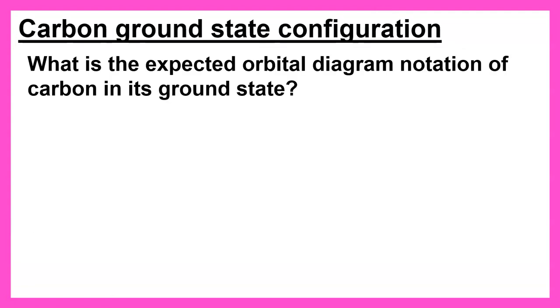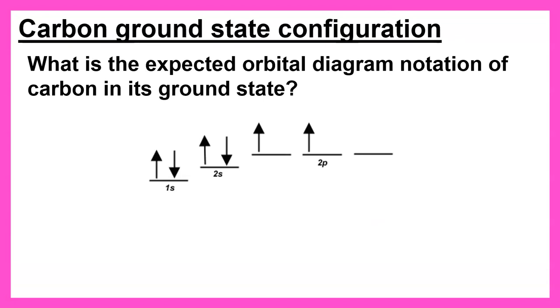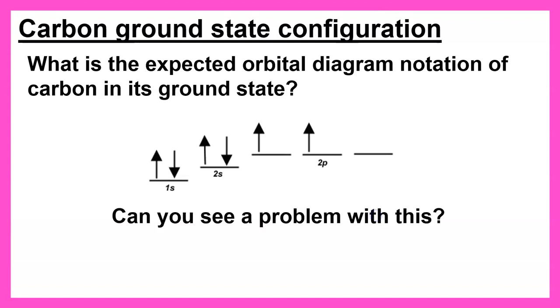If you look at carbon's configuration, you have 1s2, 2s2, 2p2. Can you see a problem with the normal state for carbon if it needs to be making 4 equal bonds to 4 separate hydrogens?